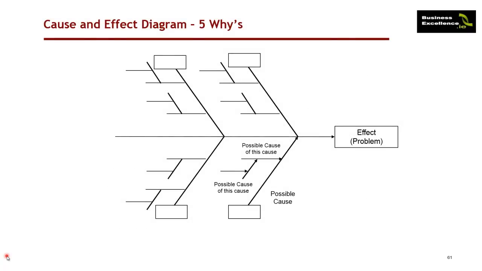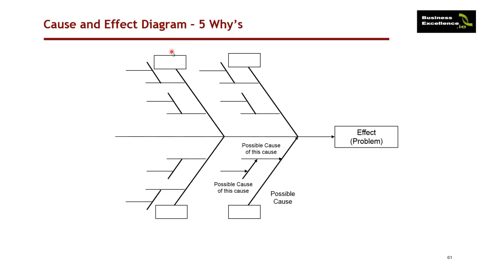A blank cause and effect diagram looks like the following. On the right hand side you have the effect or the problem. The effect could be I have a pain in my head. The effect in our case is 82862 and 82362 are being shipped incorrectly. Each of the high-level causes are identified by these boxes.